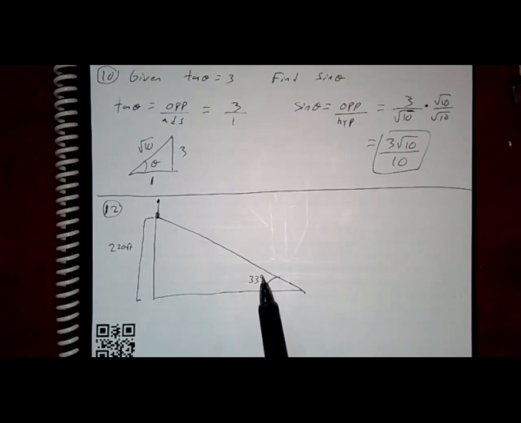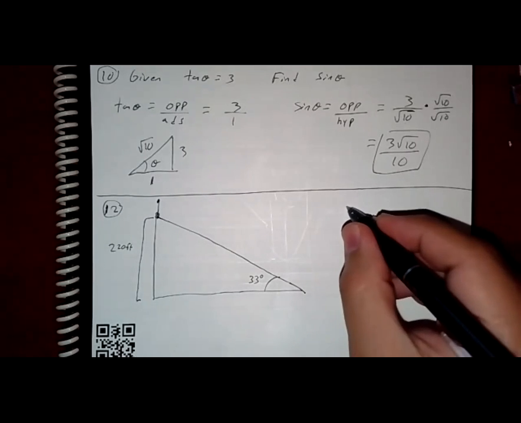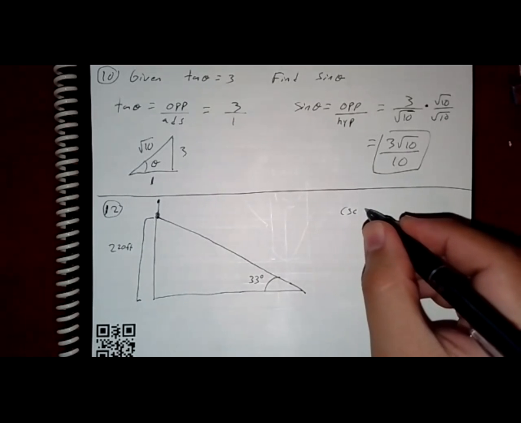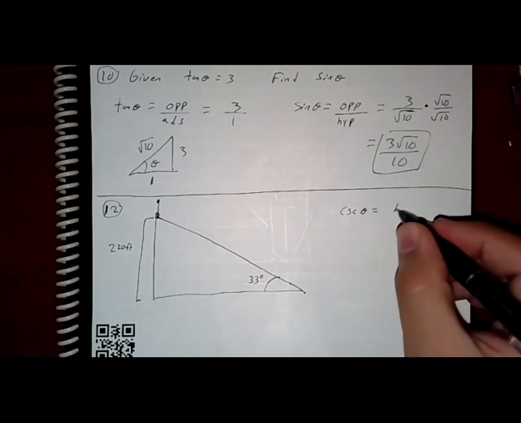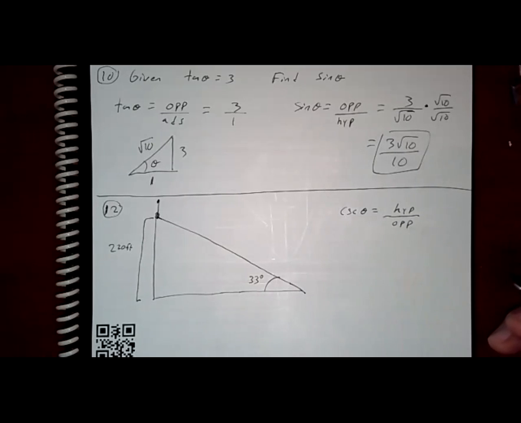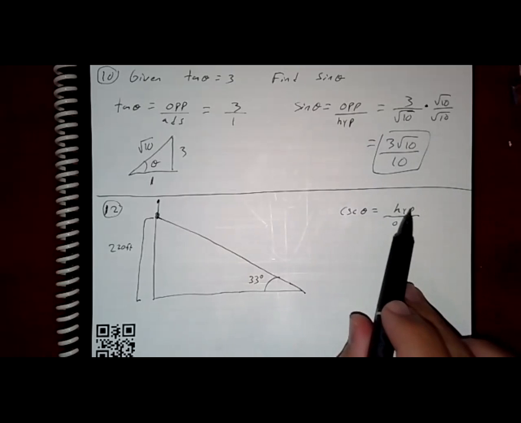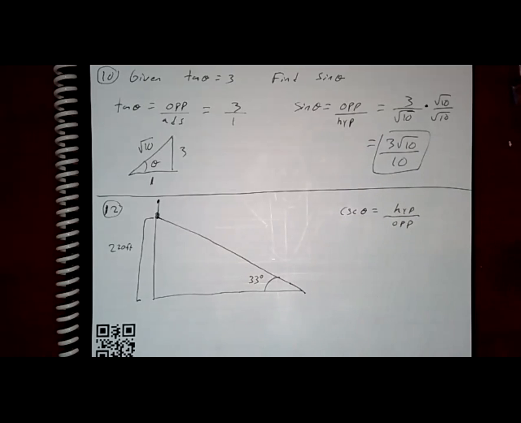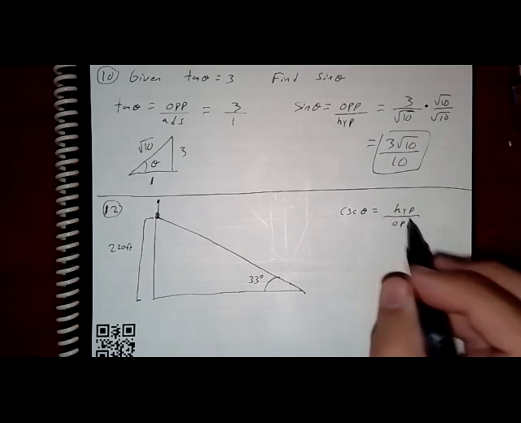When I see an opposite, my go-to is sine, but we could use cosecant, because that is equal to hypotenuse over opposite, right? And hypotenuse is what I want to solve for. So I kind of want it on top just to make the algebra easier, not because you need to do that. If you would have used sine, it would have worked out, but you would have had to do a little extra algebra. I chose this one just to make it slightly easier.